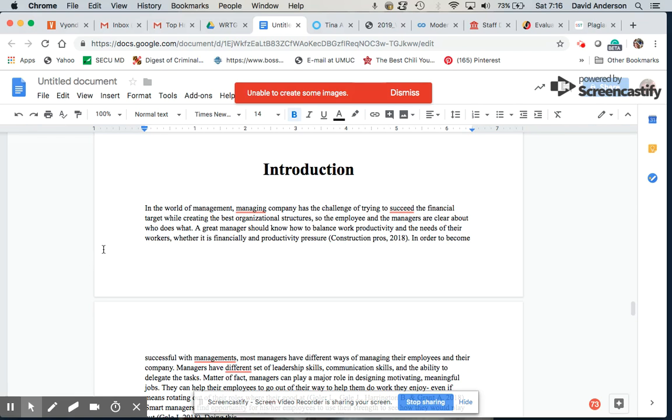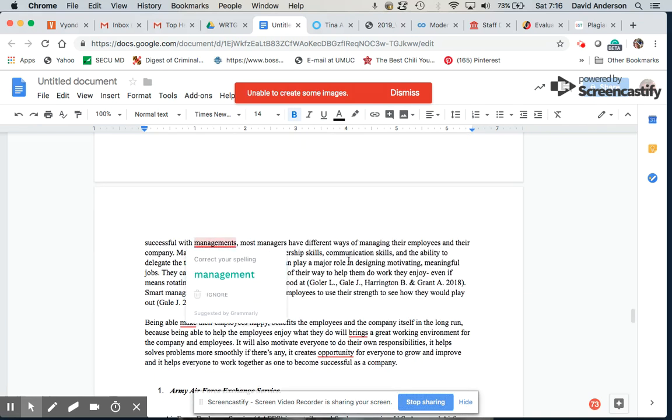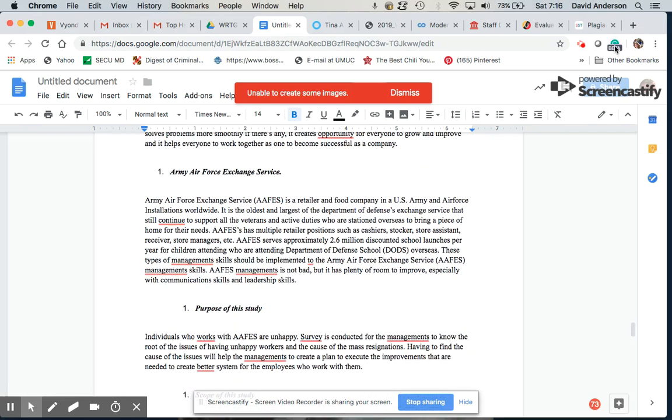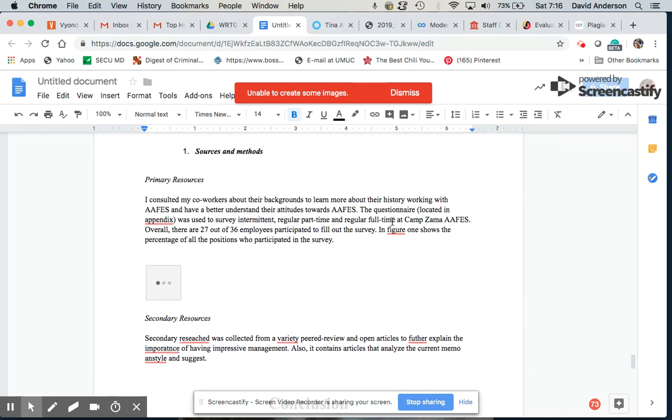Employees and managers are clear about this creates an atmosphere of employee labor division, of everyone understanding their roles and responsibilities." So again, there are quite a few grammar issues, and I would recommend installing Grammarly because it will help you comb through and see where these are. It would be quite a while.